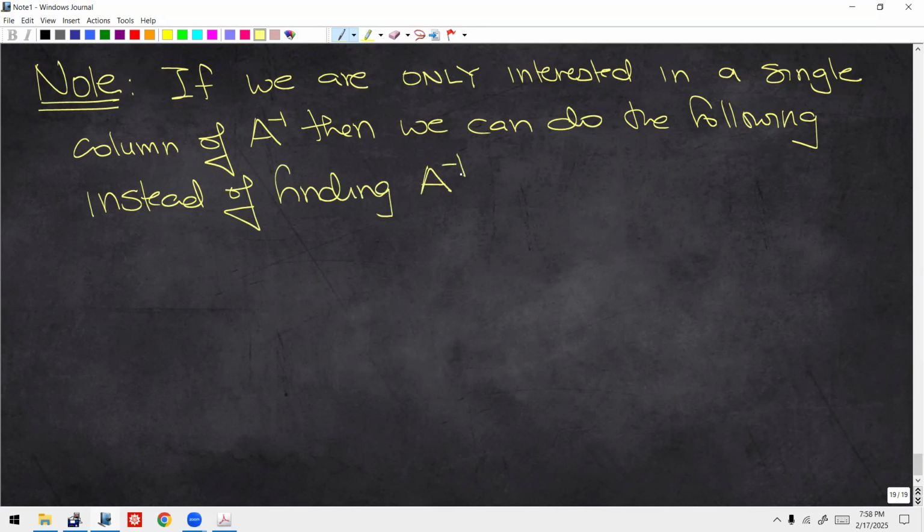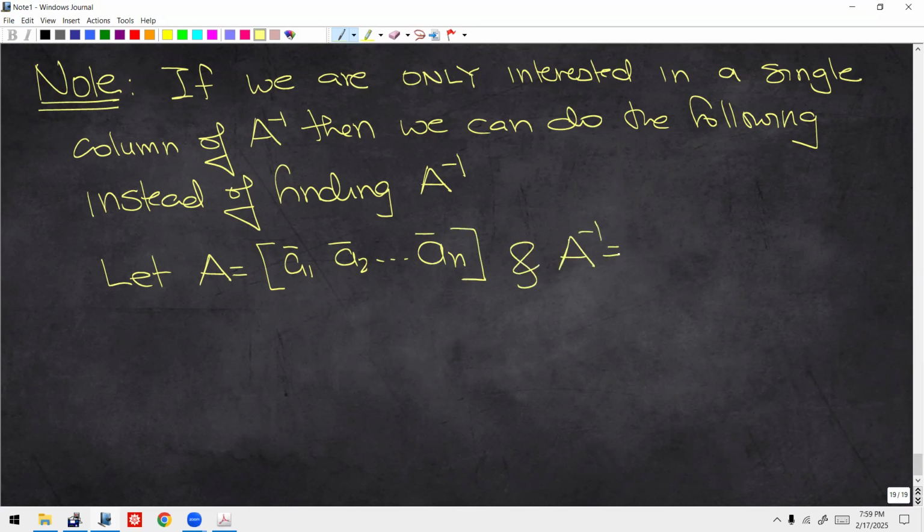Okay, so here's what we can do. Let A, this is A, not A inverse, be A1, A2, dot, dot, dot, An. And A inverse is given by this: X1, X2, dot, dot, dot, Xn.